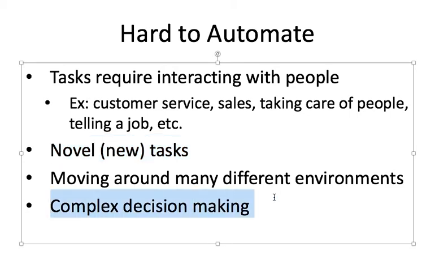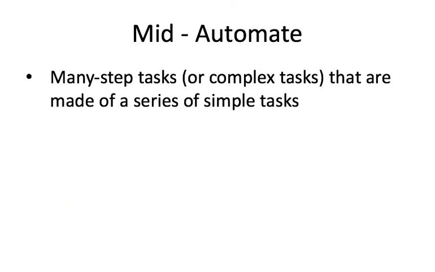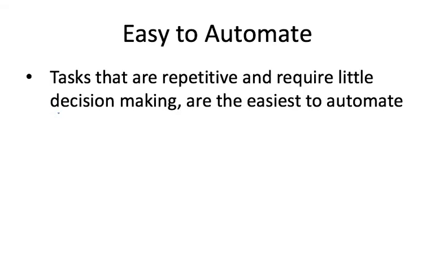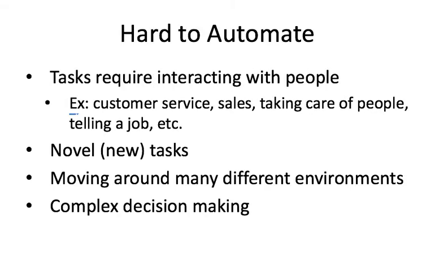If complex decision making always had the exact same types of inputs, types of factors going in, and was not novel, they'd have a lot more success automating these complex decisions by breaking them up into smaller decisions that they could do. So: easy, mid, and hard tasks to automate.